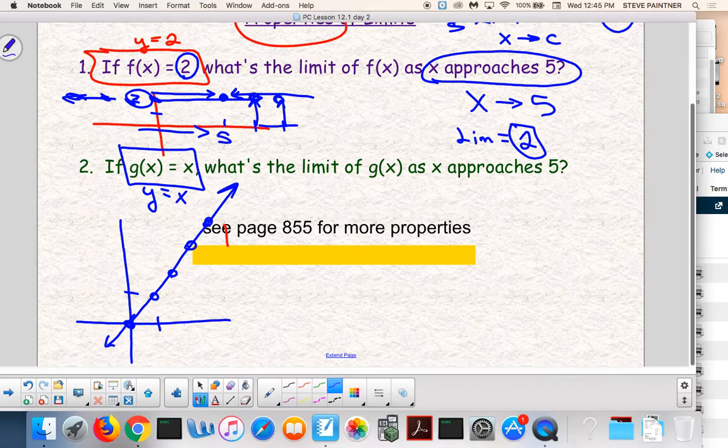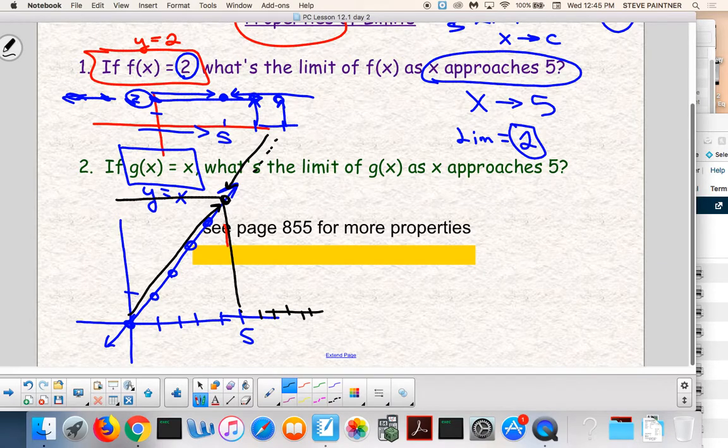What's the limit of g of x, this function, as x approaches 5? Okay, you say 5, I heard you. So up here is the point. If you kept trying numbers from the right, you'd be moving in towards that point. From the left, you'd be moving in towards that point.